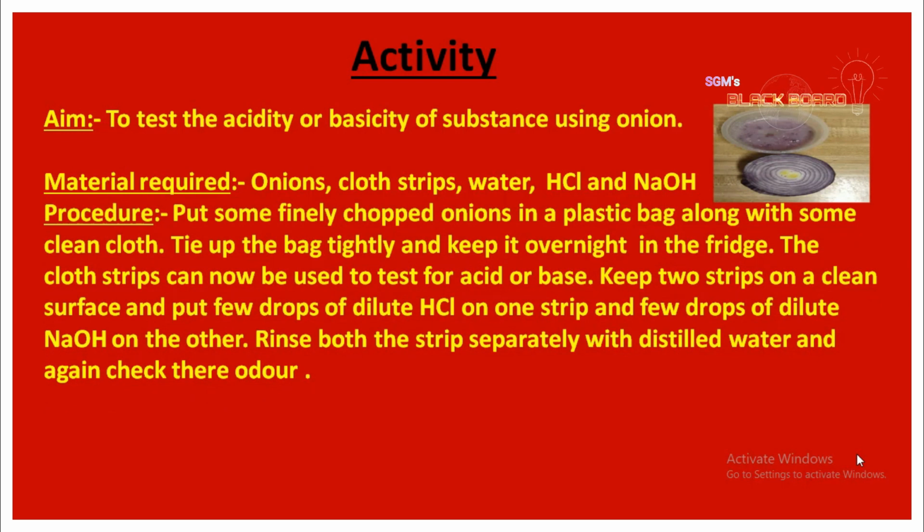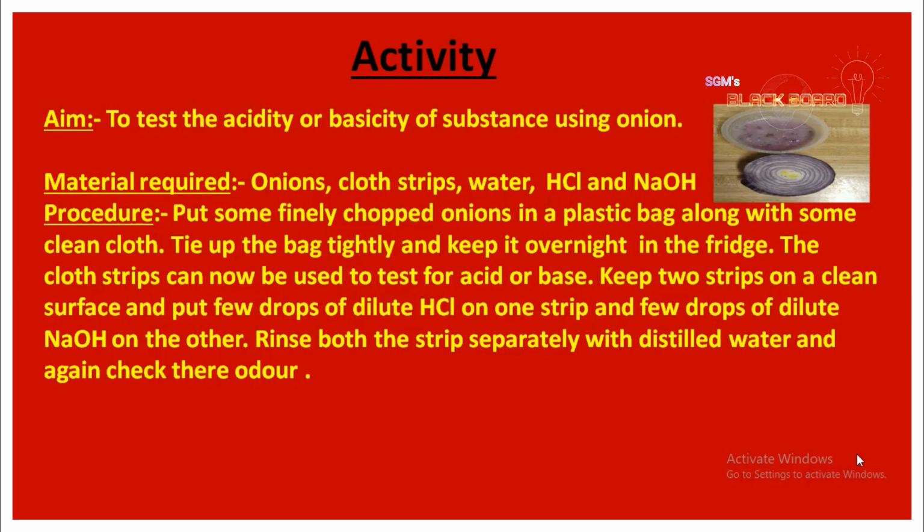First of all, cut the onion into small pieces and put these finely chopped onions in a plastic bag along with some clean cloth. Tie up the bag tightly and keep it overnight in the fridge. The cloth strips can now be used to test for acid or base.